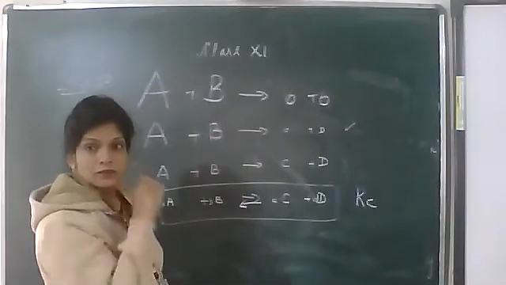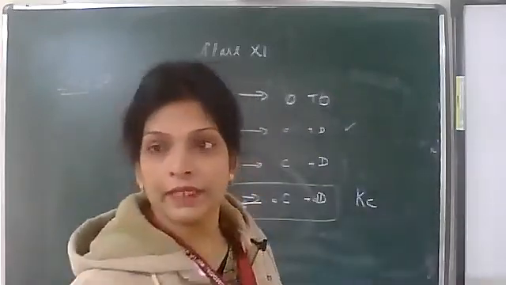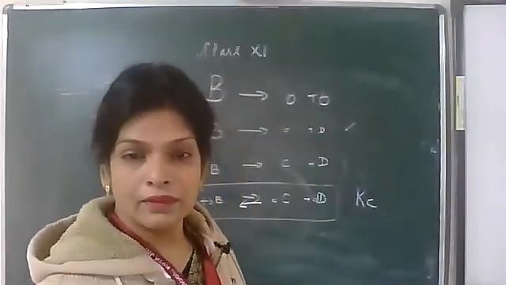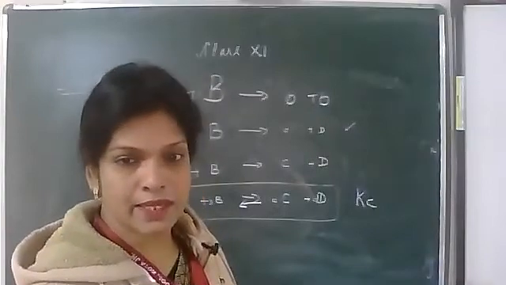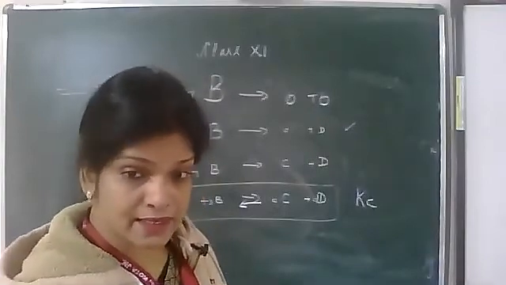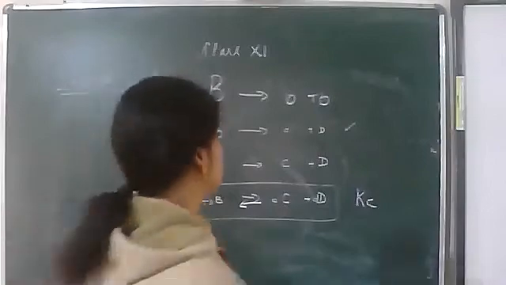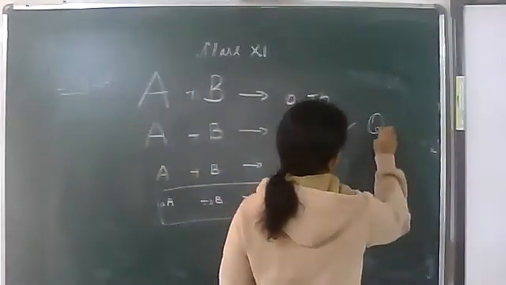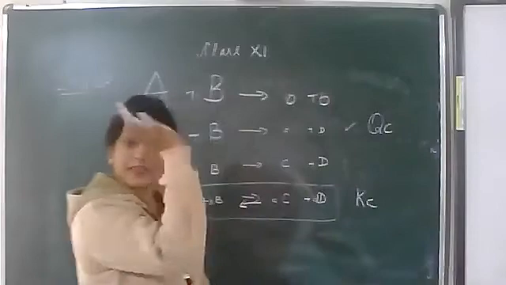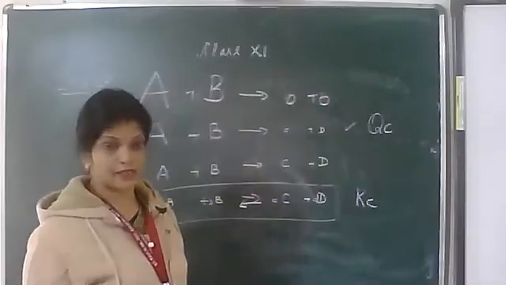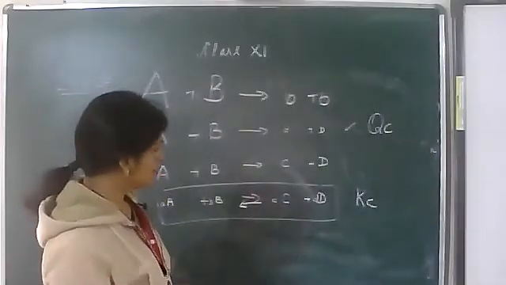But that is not the Kc value. Expression format is the same. That expression, we write it as Qc, the reaction quotient at that particular time. And what about this?